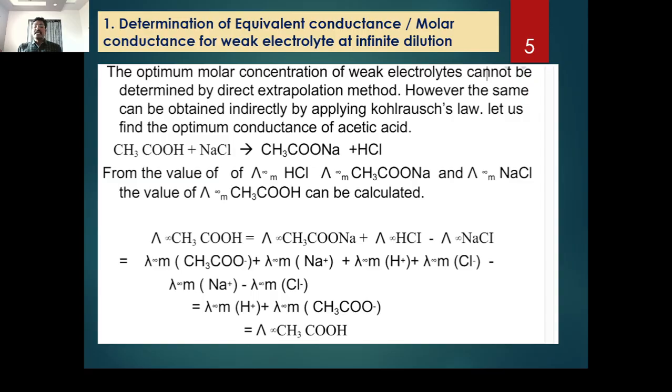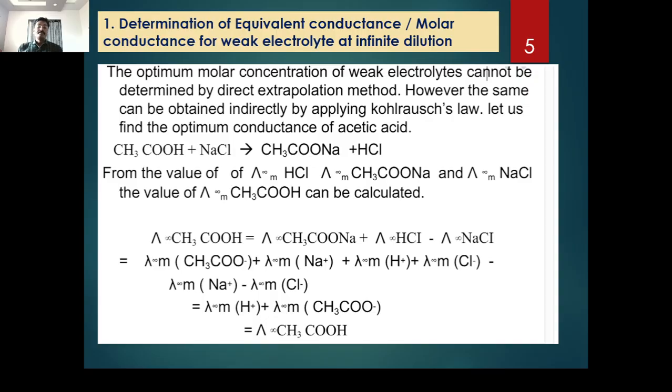Similarly, the molar conductance of hydrochloric acid, according to the Kohlrausch law, is the molar conductance of H plus ions and the molar conductance of the chloride ions, minus the molar conductance of the sodium ion minus the molar conductance of the chloride ions. We have to split the molar conductances of sodium acetate, hydrochloric acid and sodium chloride according to the Kohlrausch law.